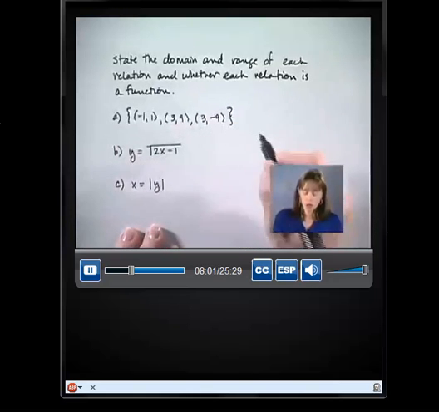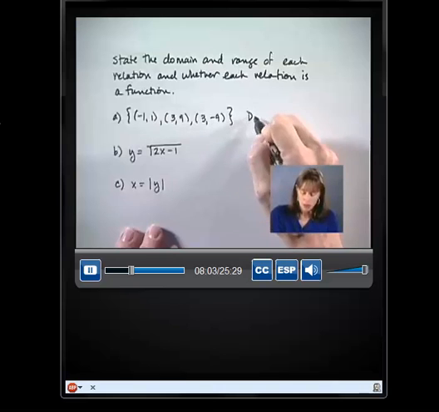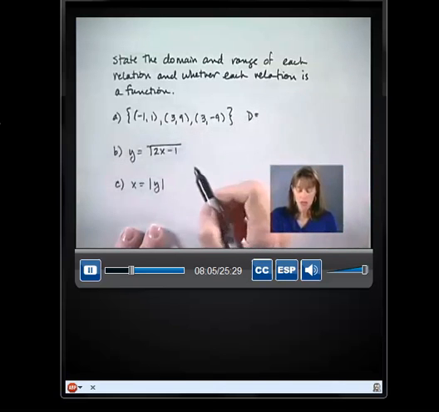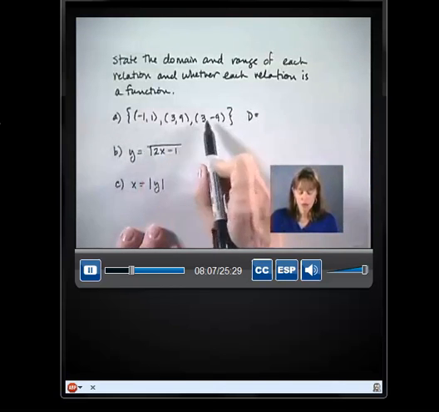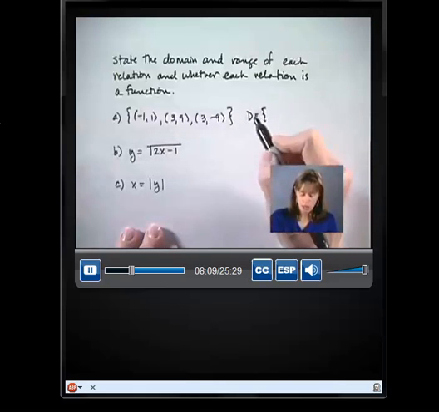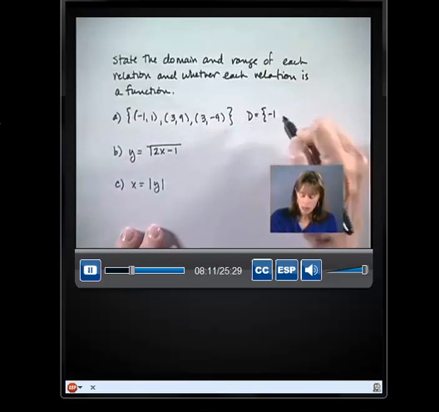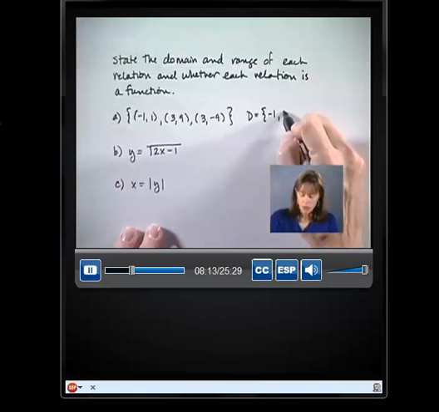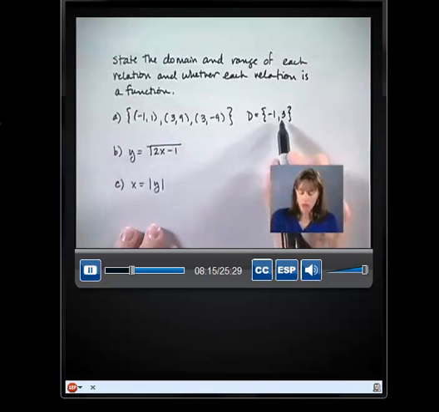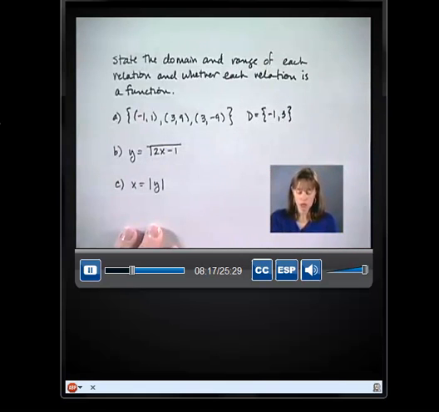Starting with the first relation, the domain, I'll just use a D for domain, is the set of first coordinates, which I can write as the set containing the number -1 and the number 3. Those are the only two unique first coordinates.